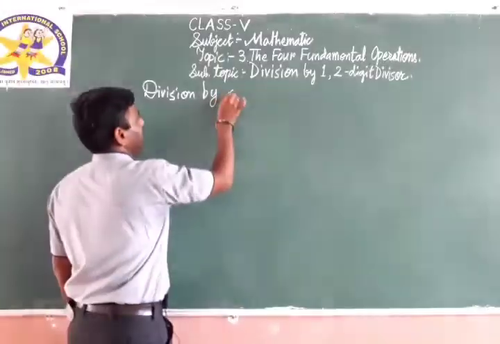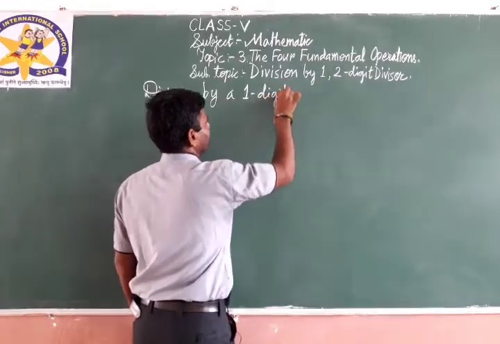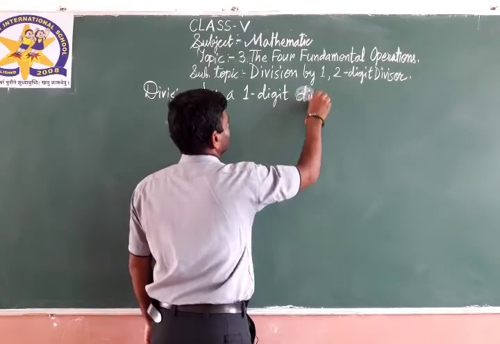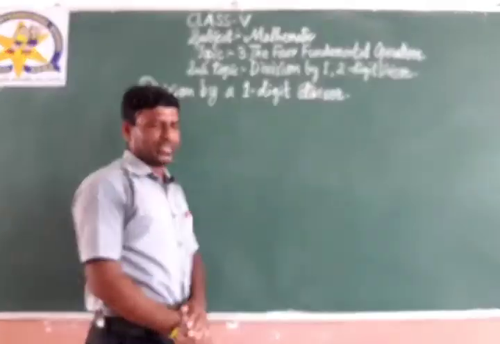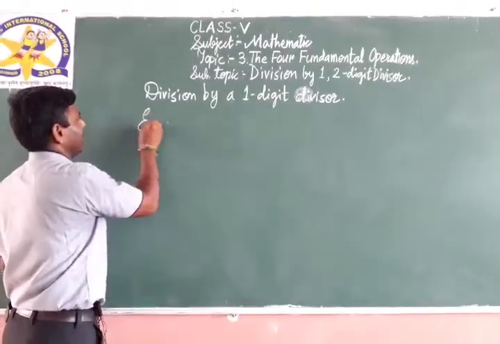Division by a one digit divisor. Right. First we will see one digit, then two digit. Okay. Let's take one example, then your idea will be clear.